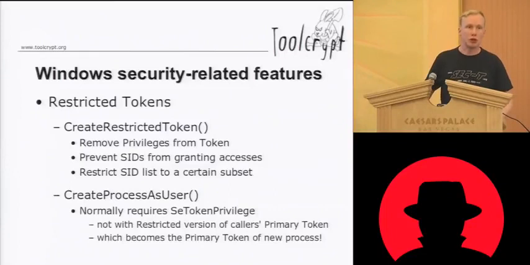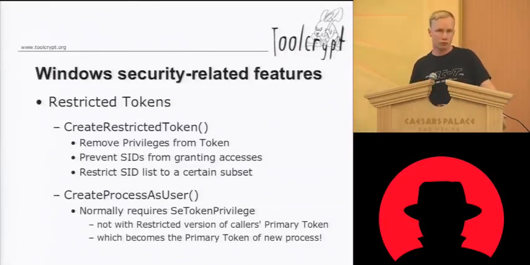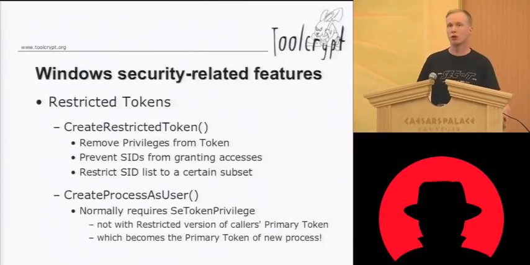That token can then be used either as an impersonation token, or more interestingly, to create a new process using this token. And this is really interesting if, for example, you want to sandbox off a piece of code that you want to run with lower privileges than what the user normally has.